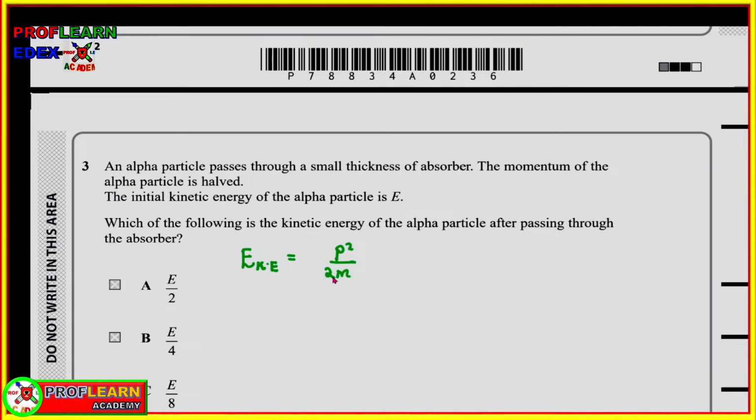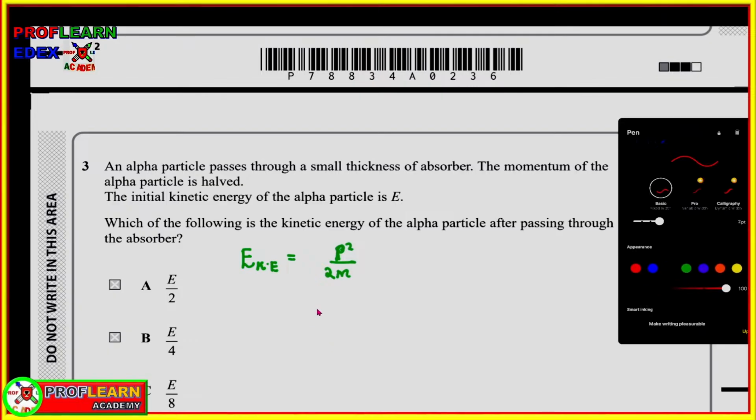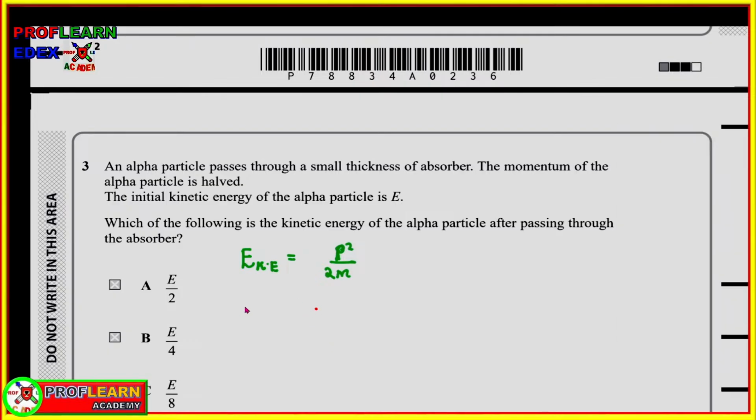That's one of the formulas that we have to remember, where m is the mass of the particle and p is the momentum of that particular particle. So once we have identified that, we are told that for the alpha particle, if p is halved, what's going to happen?